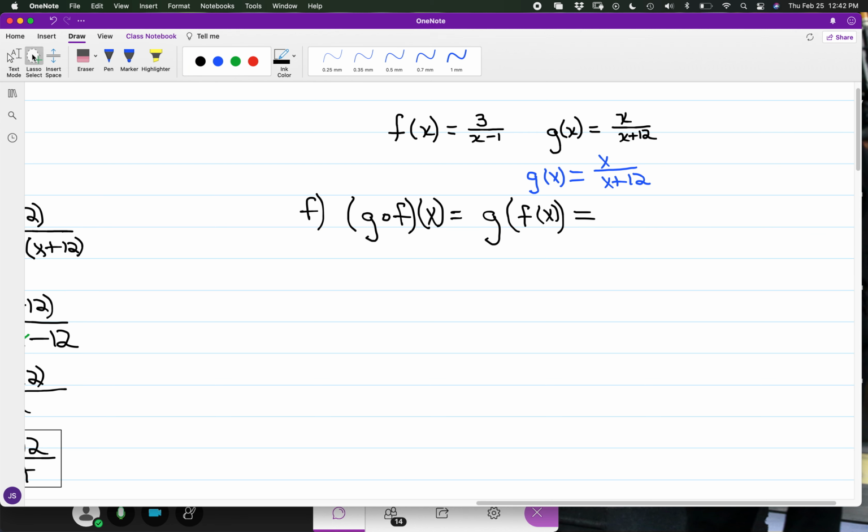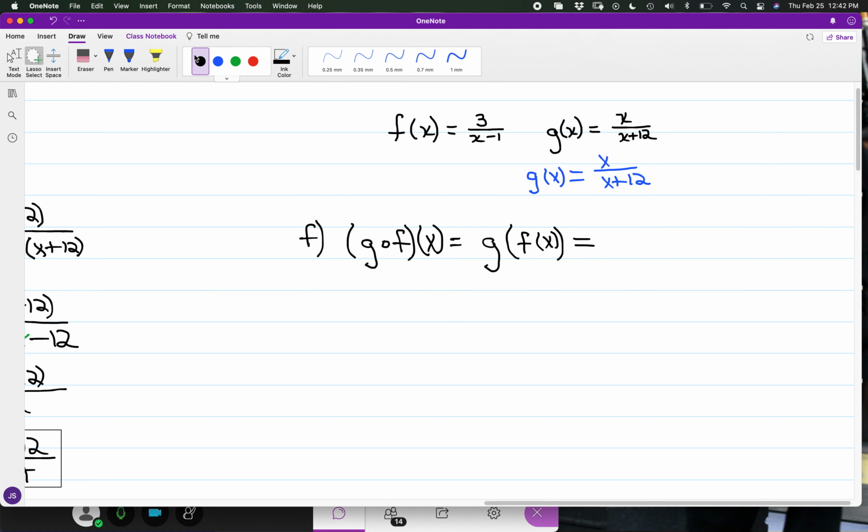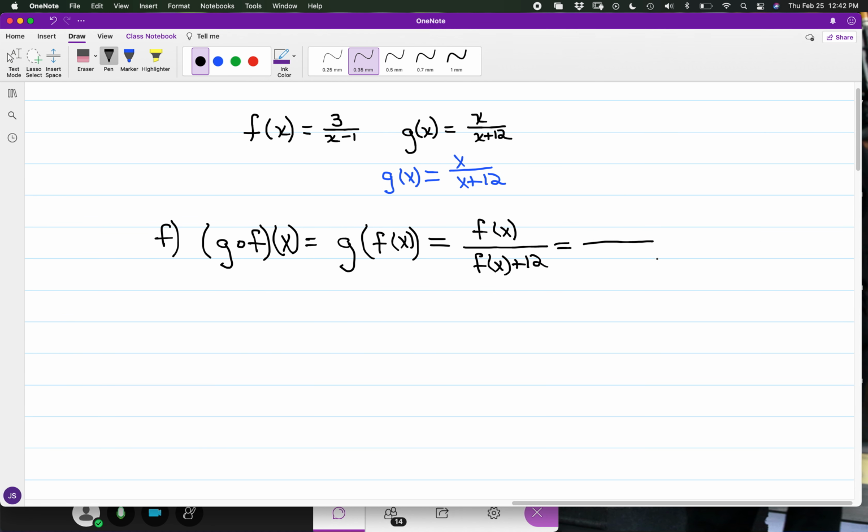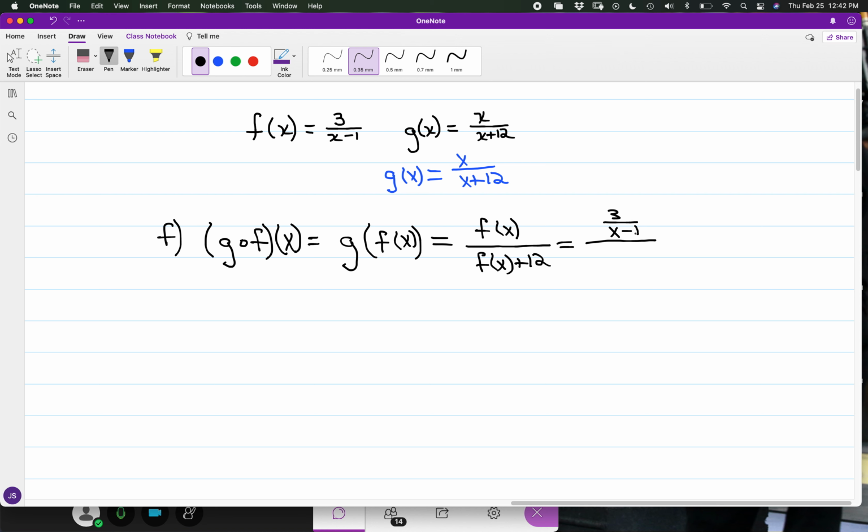And so for what this is going to translate out to, you have that input again, so this is going to be f of x, all over f of x plus 12. And for f of x, we have 3 over x minus 1, all over 3 over x minus 1 plus 12.